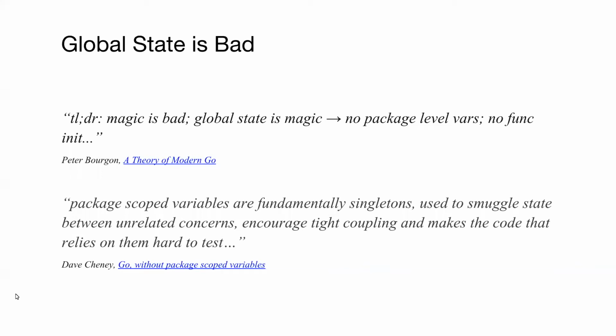State is being smuggled between different unrelated parts via global variables, which increases the coupling between your modules. Very importantly, it also makes your functions very hard to test. It's completely not trivial to replace global variables with something that is actually testable. So both Peter and Dave are strongly of the opinion that this should be avoided.